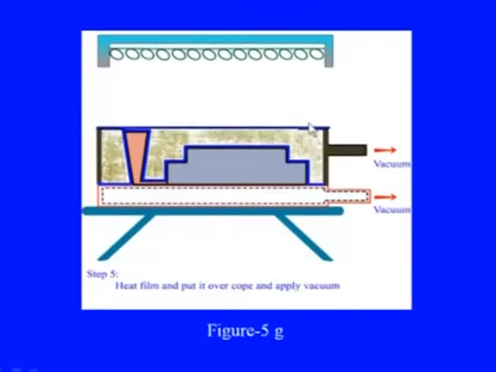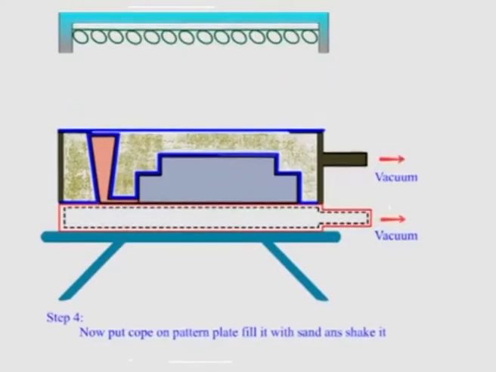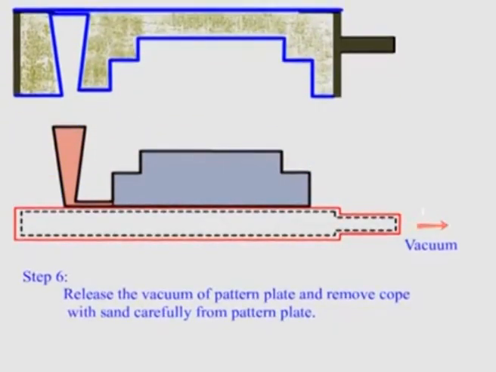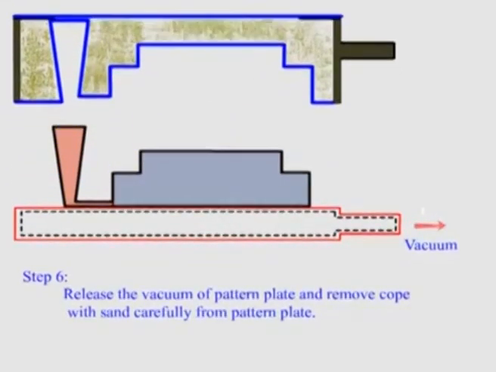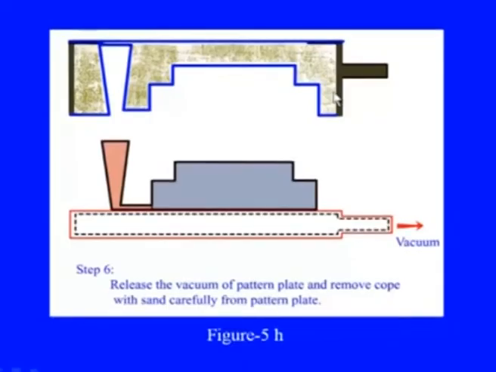Then the film is heated and it is put over the cope as shown here, and at the same time vacuum is maintained. Now, the vacuum is released and this is removed from the pattern plate.